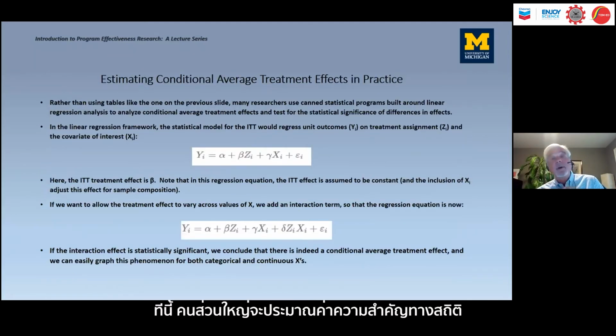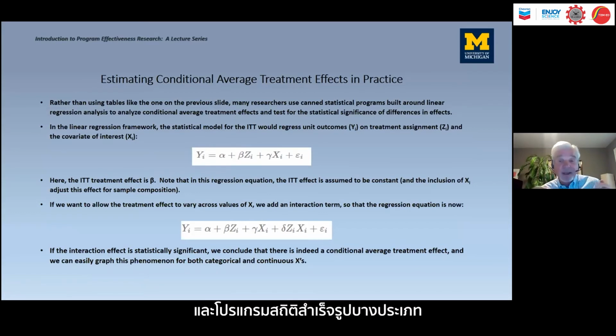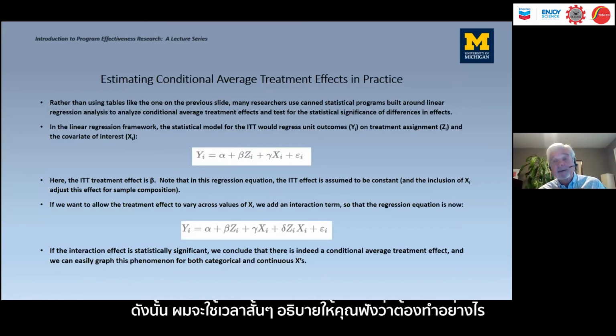Now, most people actually estimate the statistical significance of that difference between groups in effect size using linear regression and some kind of canned statistical program to estimate the conditional average treatment effect. So I'm going to spend a minute here discussing how that gets done.